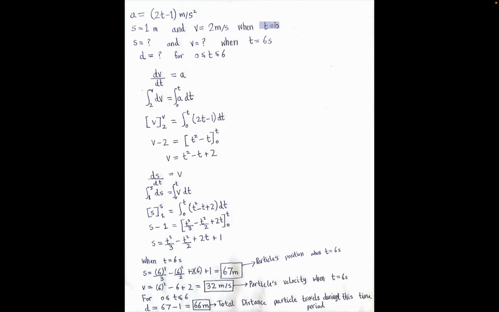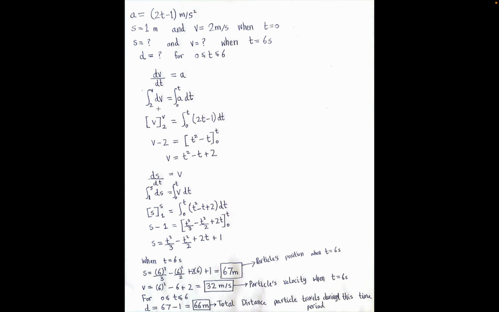So t starts from 0, which is why we put the lower limit 0 over here, but over here it's 2 because at t = 0 v was 2 meter per second.